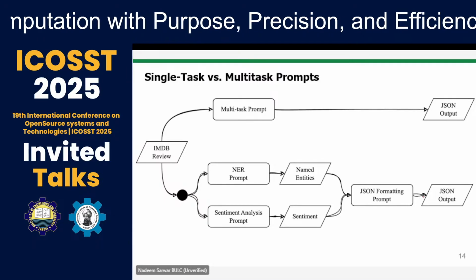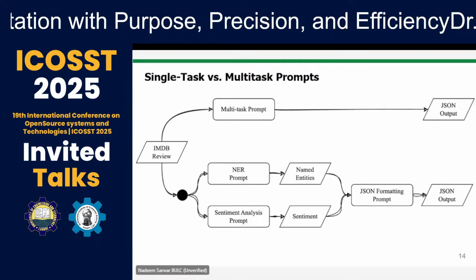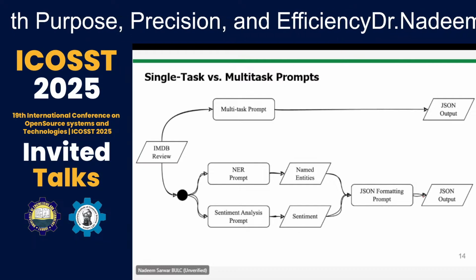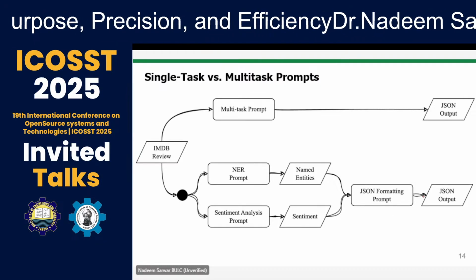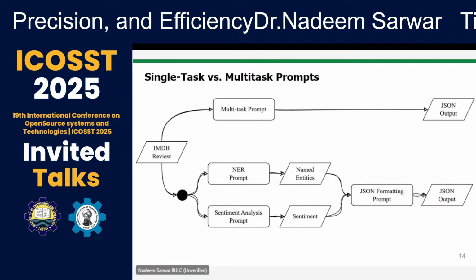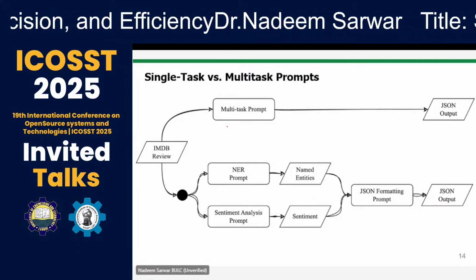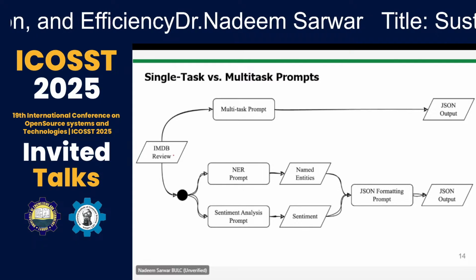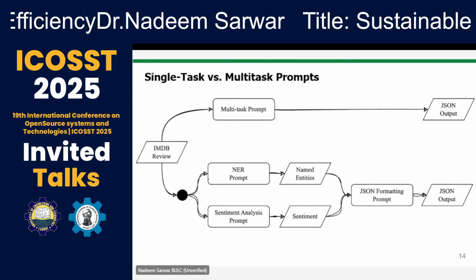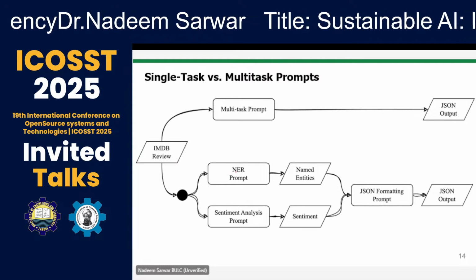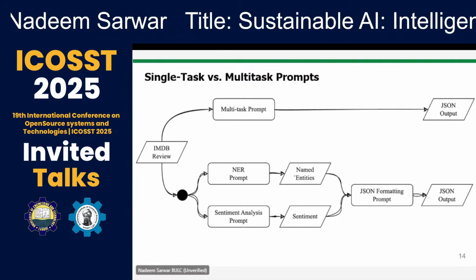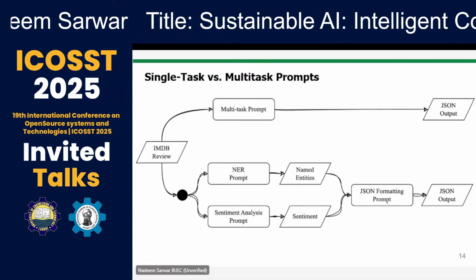So this is the cycle we follow when we enter a query to the system: a single task versus multiple task prompts, with JSON output based on the multiple task prompts. When we put in a short prompt, it is converted into the NER prompt, the NER prompt produces the named entities, and these are passed to the JSON formatting prompt.